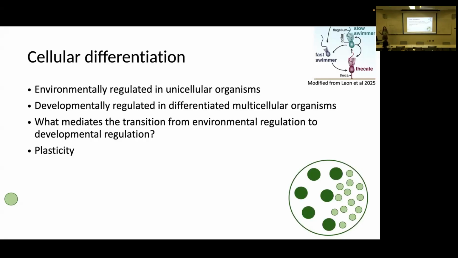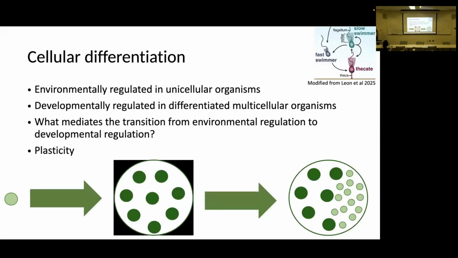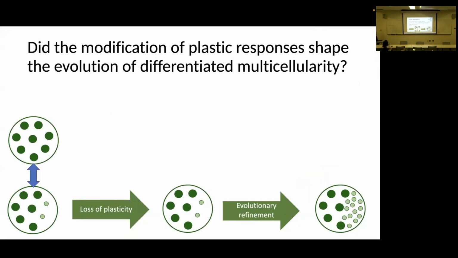But what mediates this transition from the environmental regulation of cellular state to the developmental regulation of cellular state? Well, one possibility is plasticity. That is, cell-level changes in cellular state and cellular morphology in response to environmental cues.